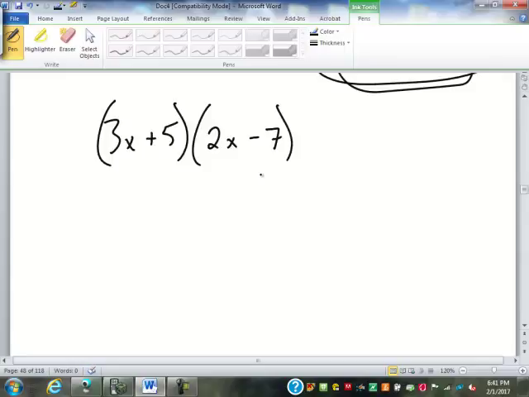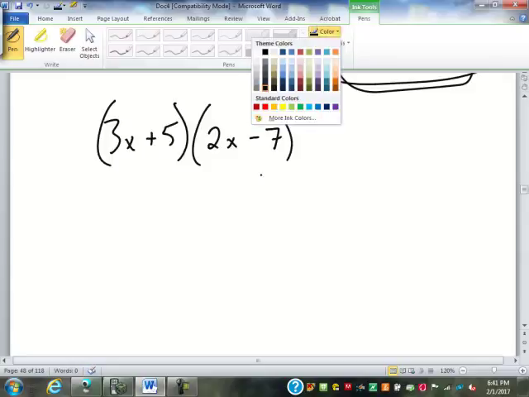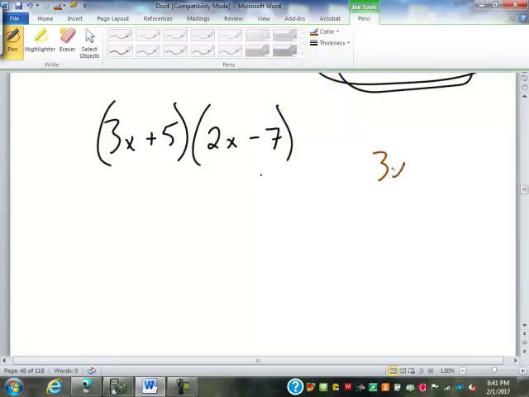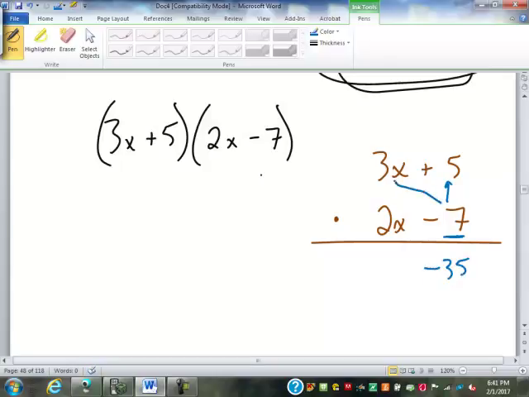We can multiply two two-digit numbers. We write them out just like we do our whole numbers. We start with the last digit of the bottom number, negative 7 here. What's negative 7 times 5? Negative 35. But then we also have to multiply the other digit by the negative 7.